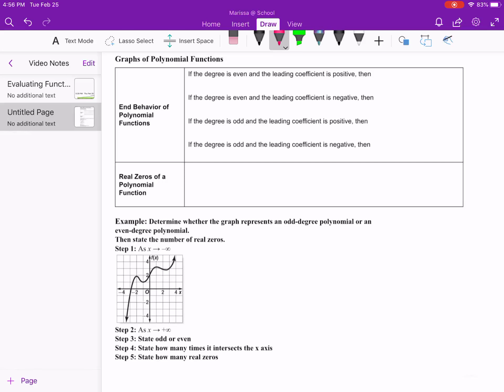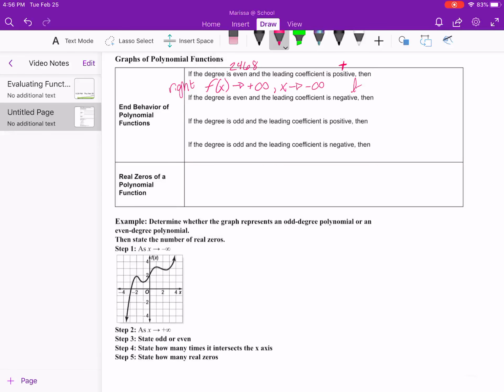If the degree is even, so we have something like 2, 4, 6, 8, and the leading coefficient is positive, so even and positive, then our function of x, our graph, as it approaches positive infinity, then x is approaching negative infinity.